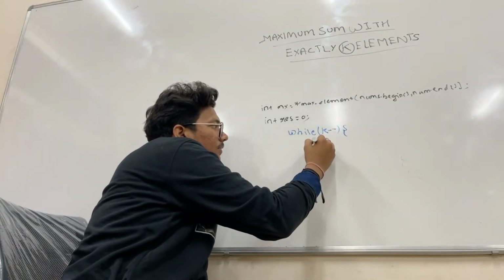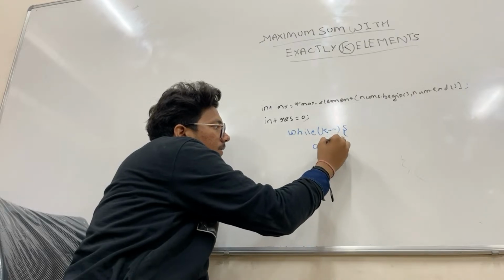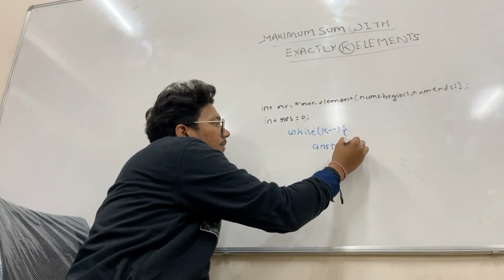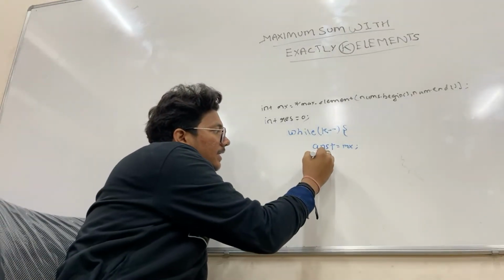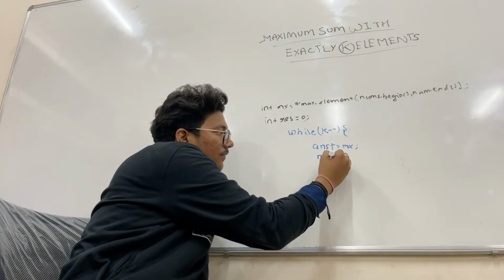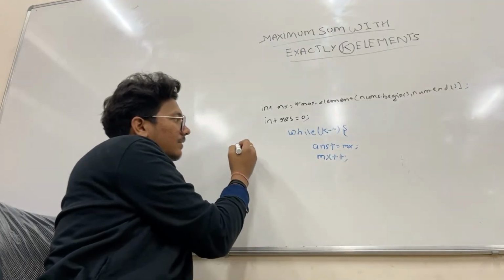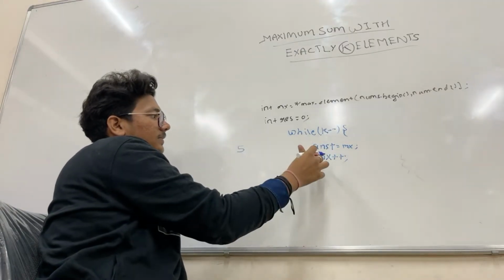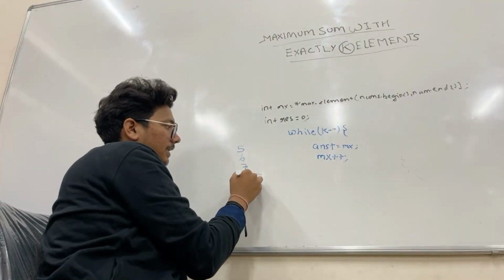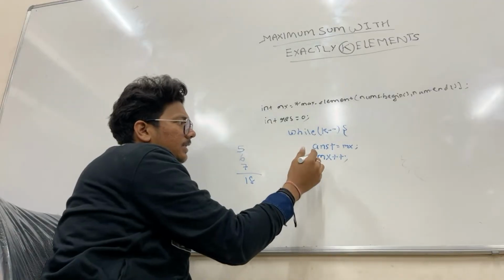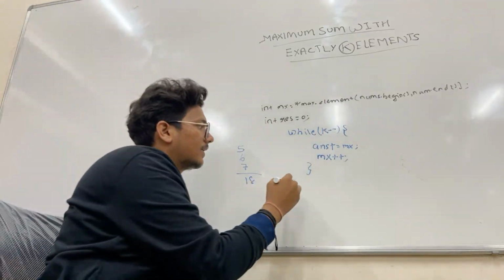Every time we add the max value to the answer and increment the max value by 1. In the first case max value is 5, then 6, then 7, so we get 18. Finally we return the answer.